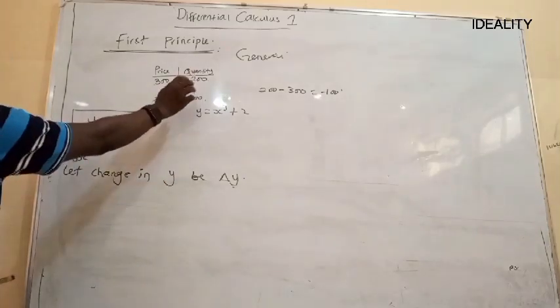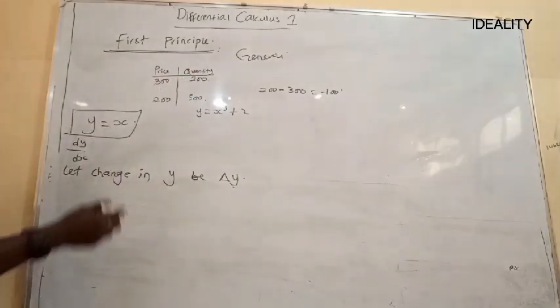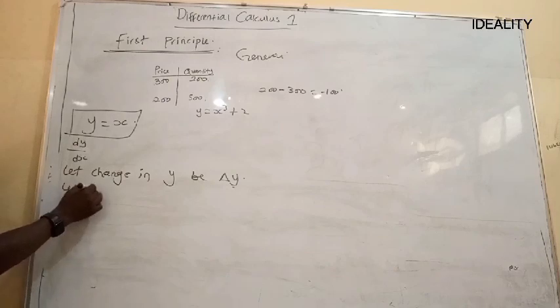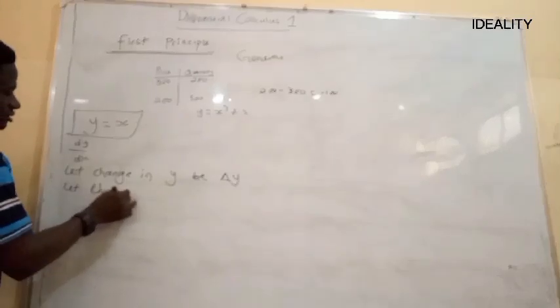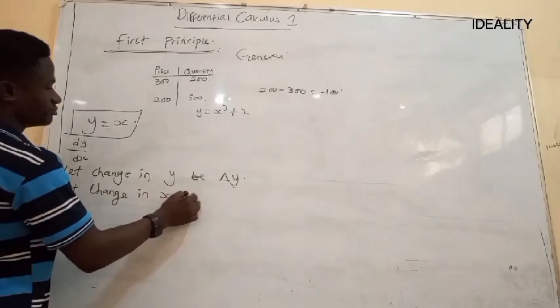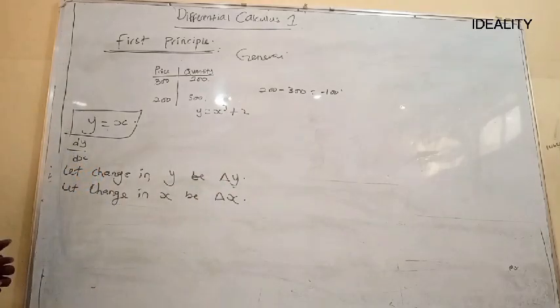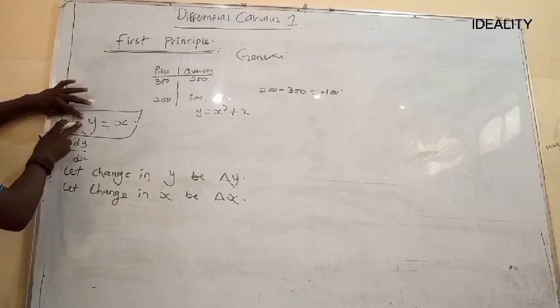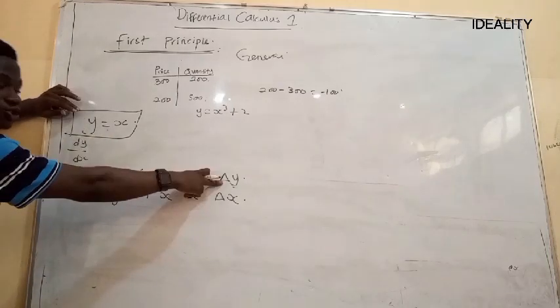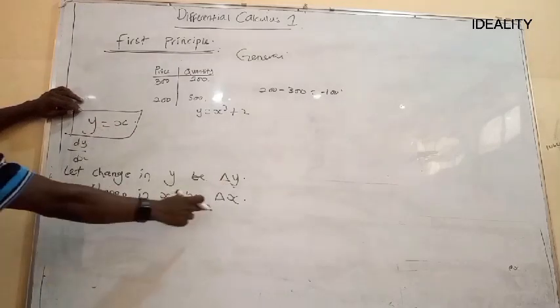So what am I going to do? Just say let the change in y be theta y. I'll do the same thing for the quantity x. Let the change in x be theta x. Now you follow the process. You add your y plus your change, your x plus your change.